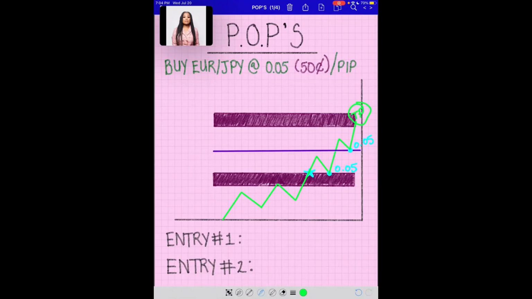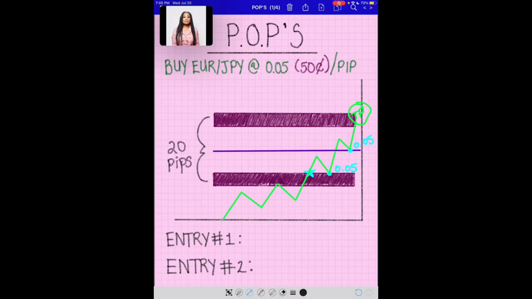Now, I want to show you guys how this benefited us, all right? But the only way we're going to truly understand how this allowed us to maximize our profits is if we do a little bit of math. So let's say that between this zone and this zone, there's a distance of about 20 pips.